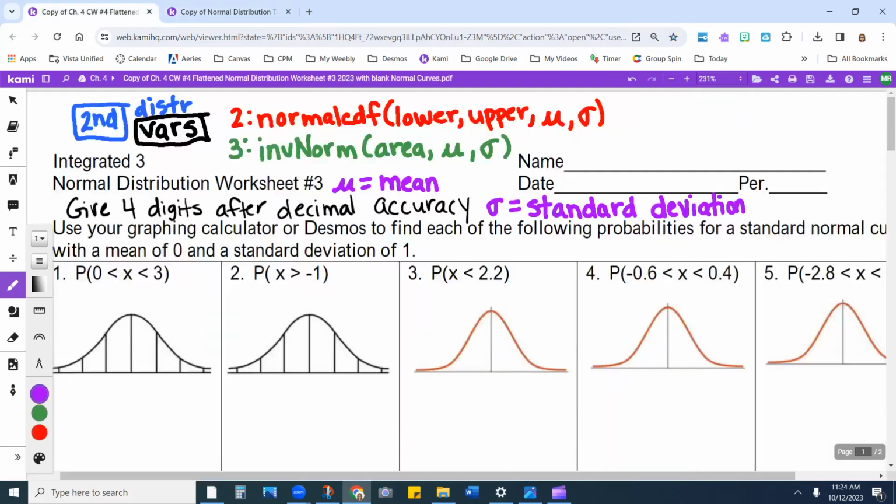So this one is if we want to find area, probability, or percent for a particular interval.